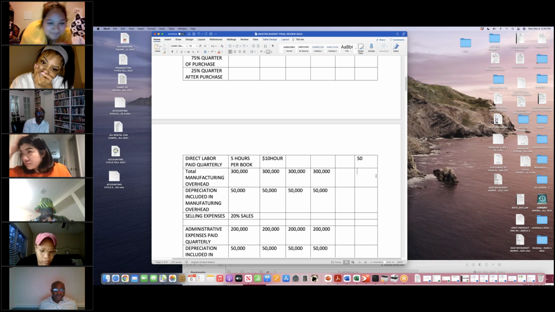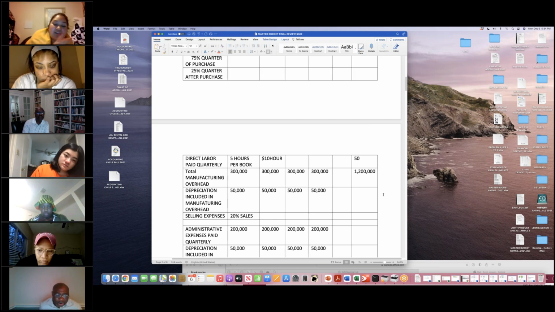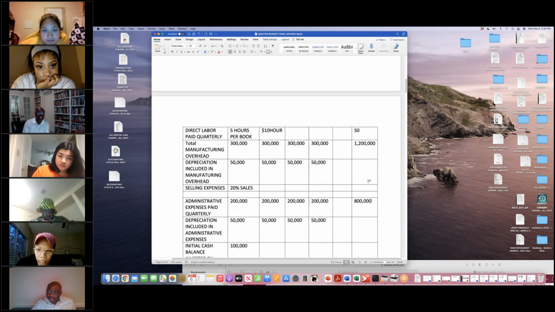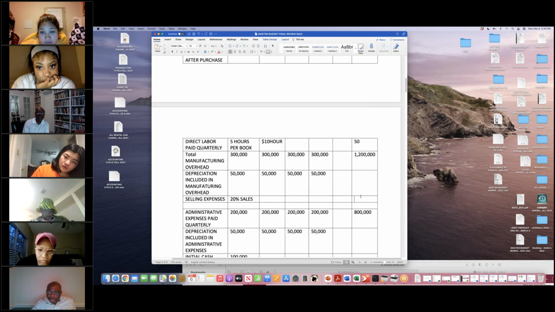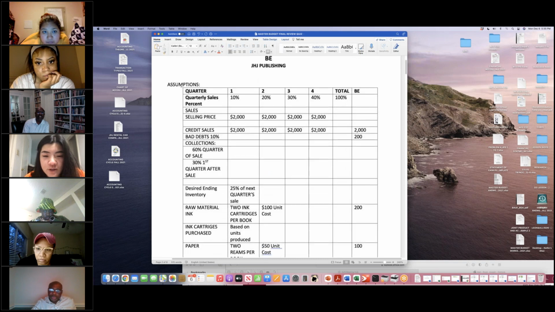Manufacturing overhead is what? 1,200,000. Administrative expense? 800,000. Of course, I skipped the selling expenses. How much are the selling expenses going to be? 400. 20% of the selling price, right?